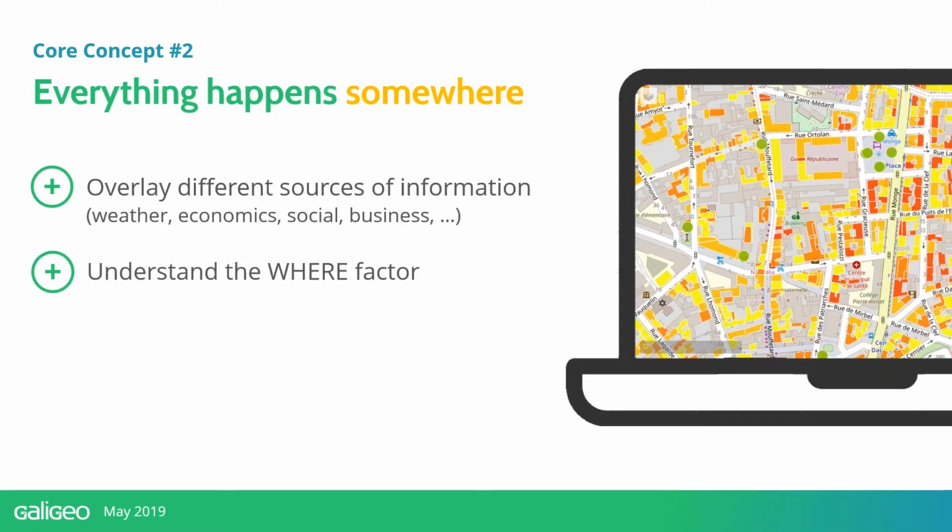You can also connect to Open Data Portals that give you a lot of information, which most of the time you do not have in your systems, like economic, socioeconomic data, etc. And you can even go further for some use cases by combining that with weather data, etc. So understanding the where factor by overlaying different sources of information is definitely something that helps you create a geo-driven application.